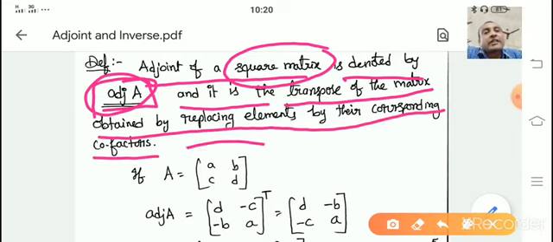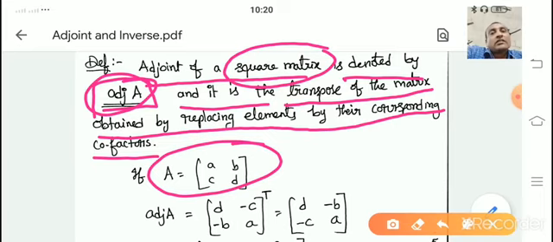That means if you take a matrix A equal to A, B, C, D, we have to find another matrix which should contain its cofactors, and we should transpose it.